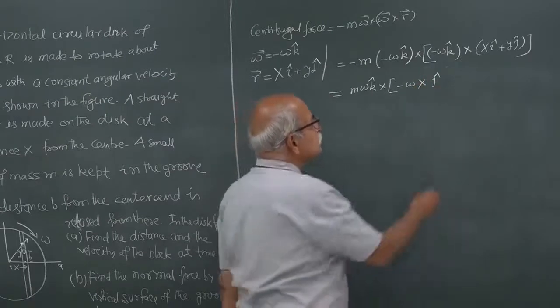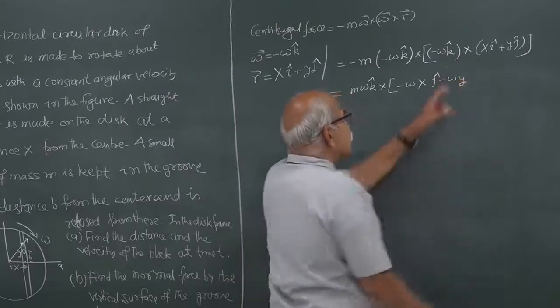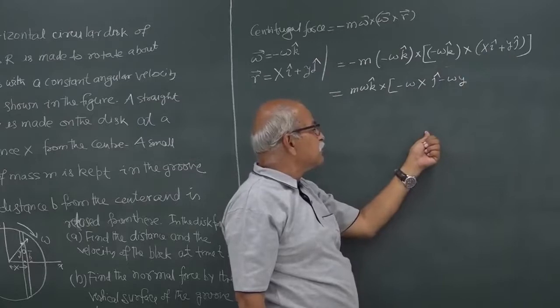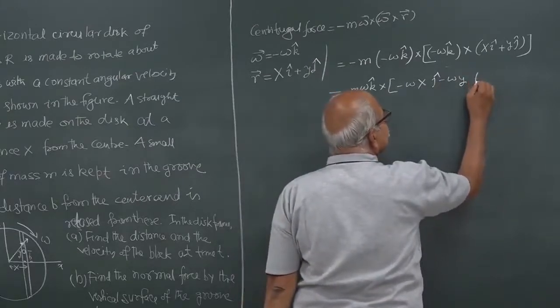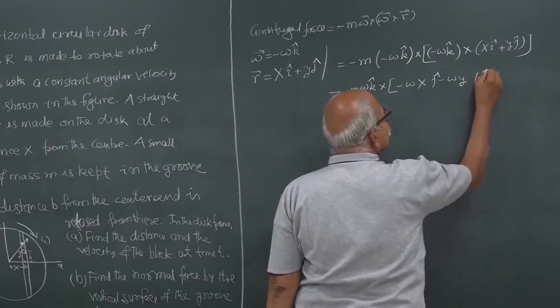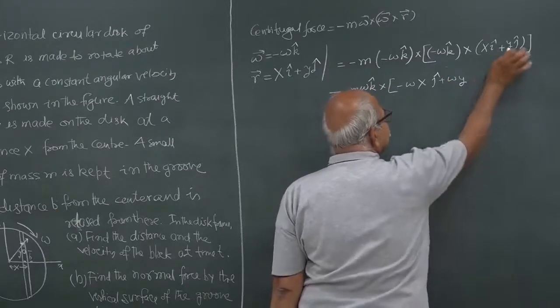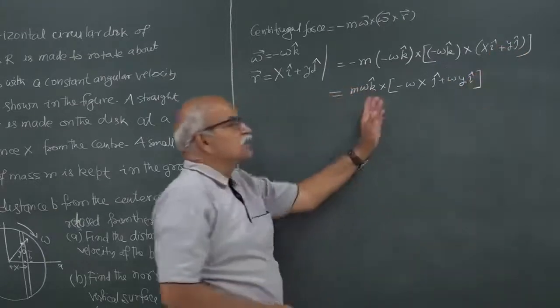Then minus omega y and k cap cross j cap. K cap cross j cap is minus i cap. So, you can make it plus here, i cap times i cap here. Okay, and then do this cross product.